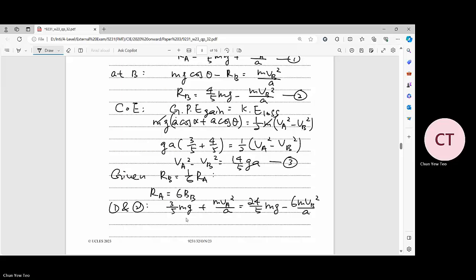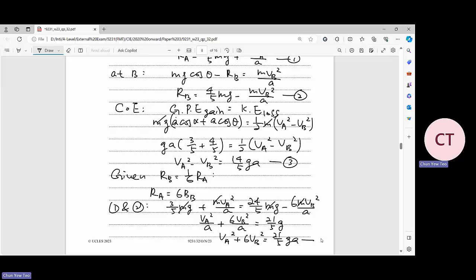Simplify them. All the m can be cancelled. So you have VA square over A plus 6VB square over A is equal to 21 over 5 g. Your VA square plus 6VB square will be equal to 21 over 5 gA.